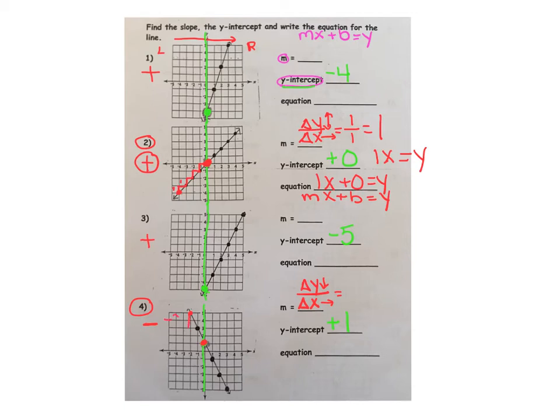Down 2 blocks, that's a -2, over 1. So our slope is -2 over 1, which is -2. So when we write our equation, remember, we're going to use the format mx plus b equals y. Our m, our slope, is -2 times every x plus 1 equals an output of y.